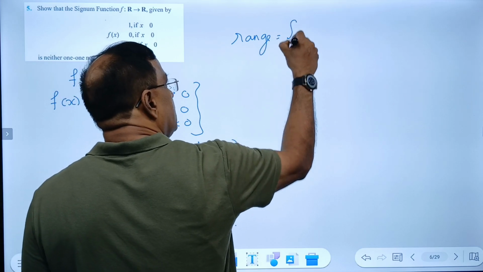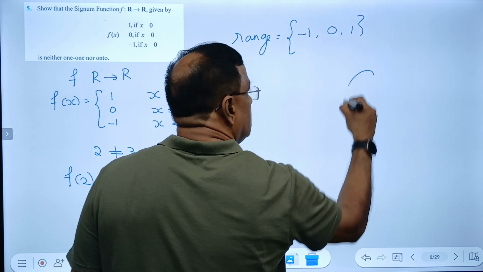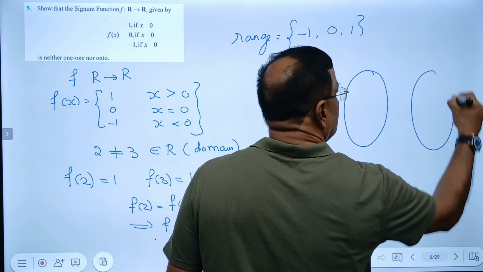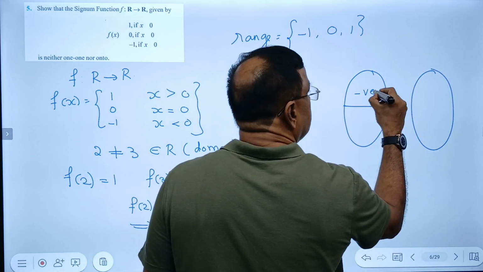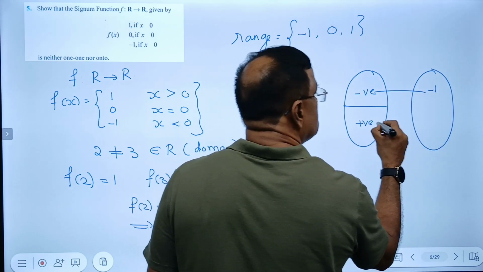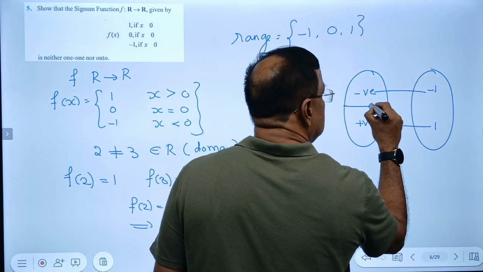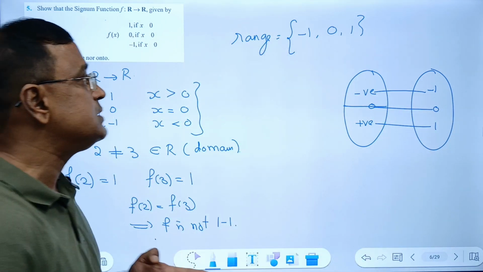Now my range takes values only -1, 0 and 1. In other words, all the negative numbers go to -1, all the positive real numbers go to +1 and 0 goes to 0. So it takes only 1, 0 and -1.